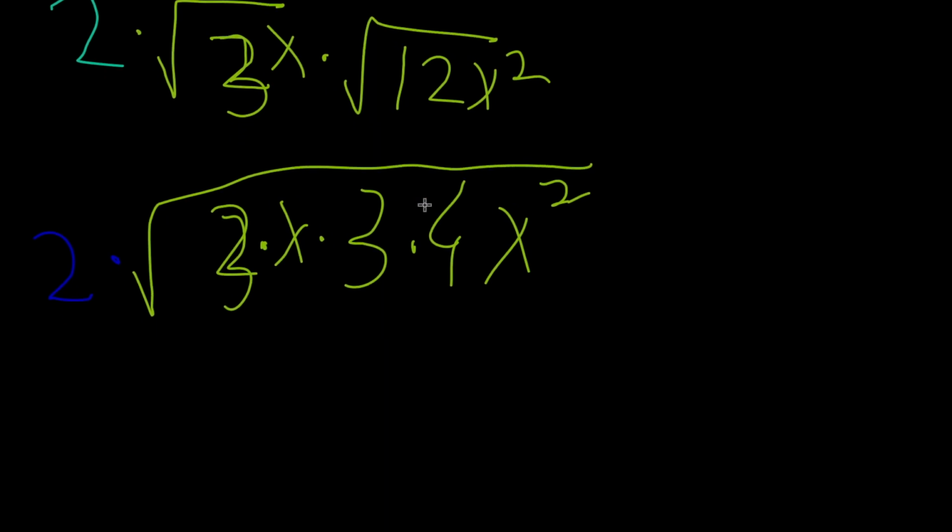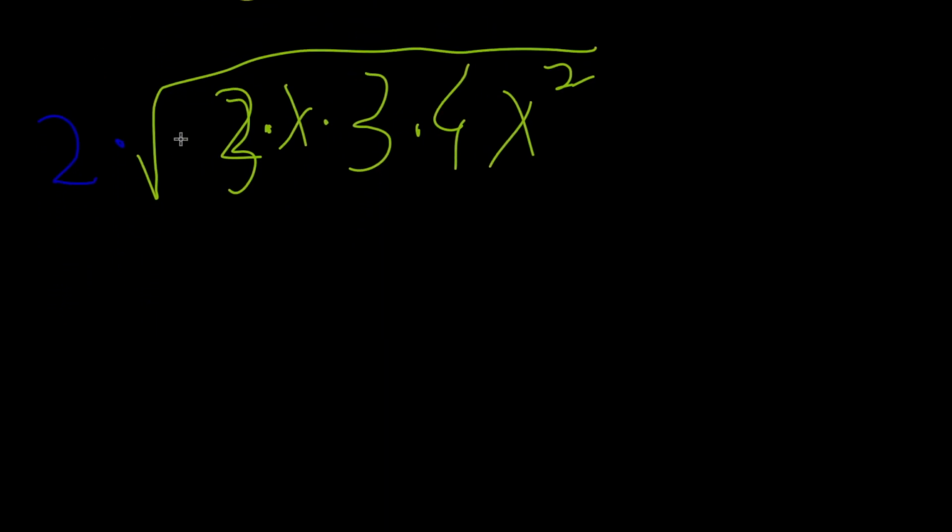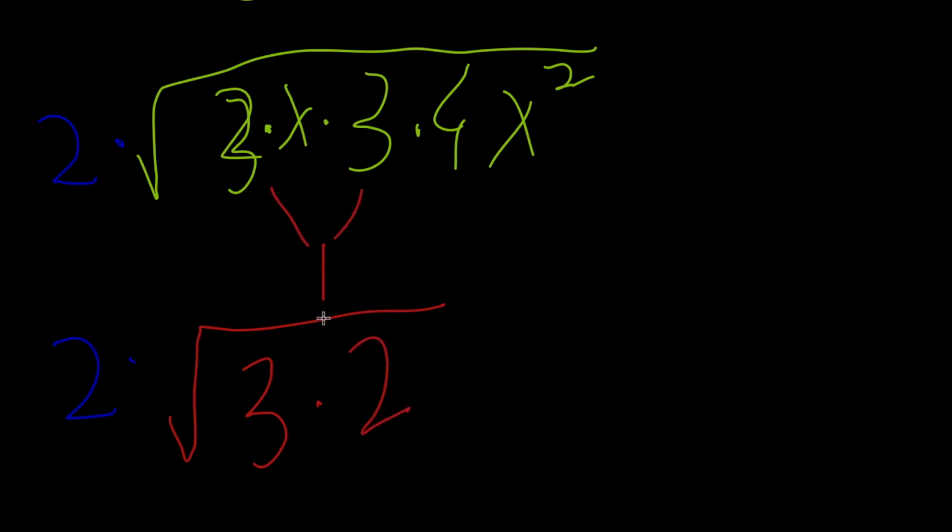Scroll down a little. So when we have this, we can actually write it again as 2 times the square root of 3 times 3 times x squared.